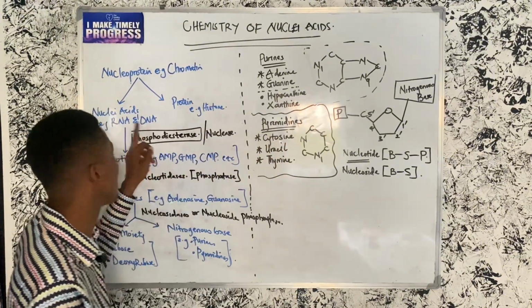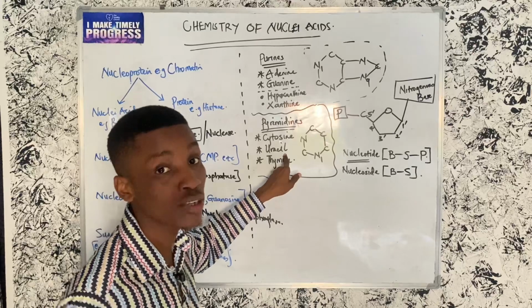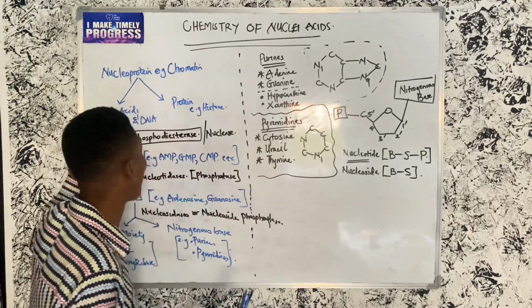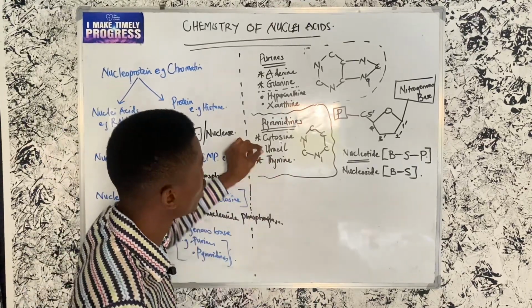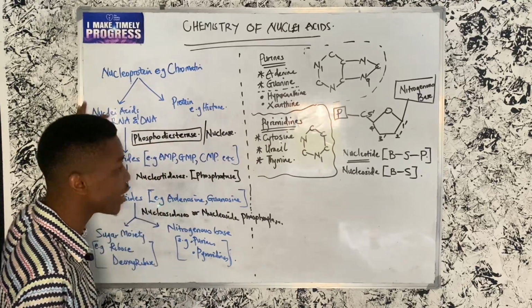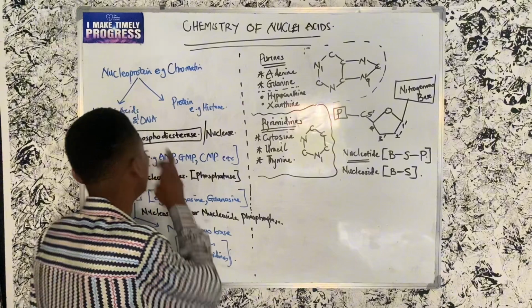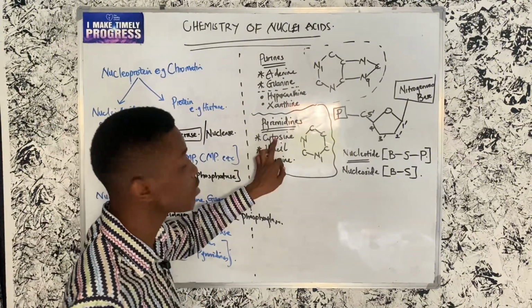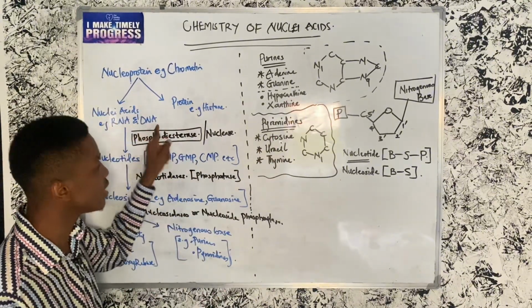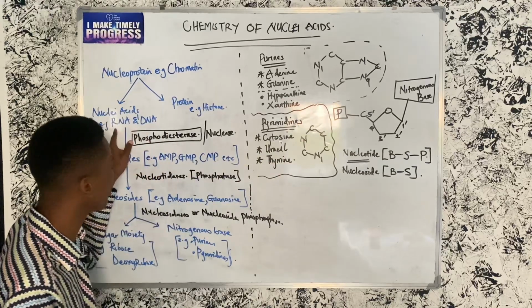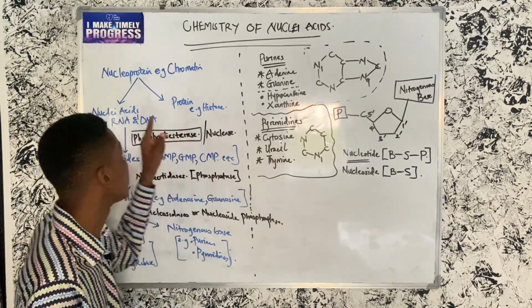Cytosine is seen in both DNA and RNA. Uracil is seen only in RNA, please note that, whereas thymine is seen only in DNA. So please take note: cytosine in both RNA and DNA, uracil only RNA, thymine only DNA.